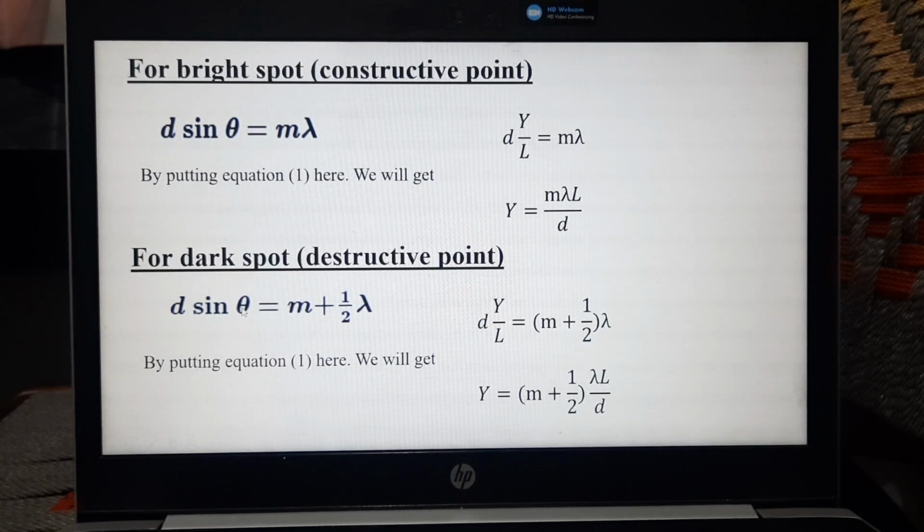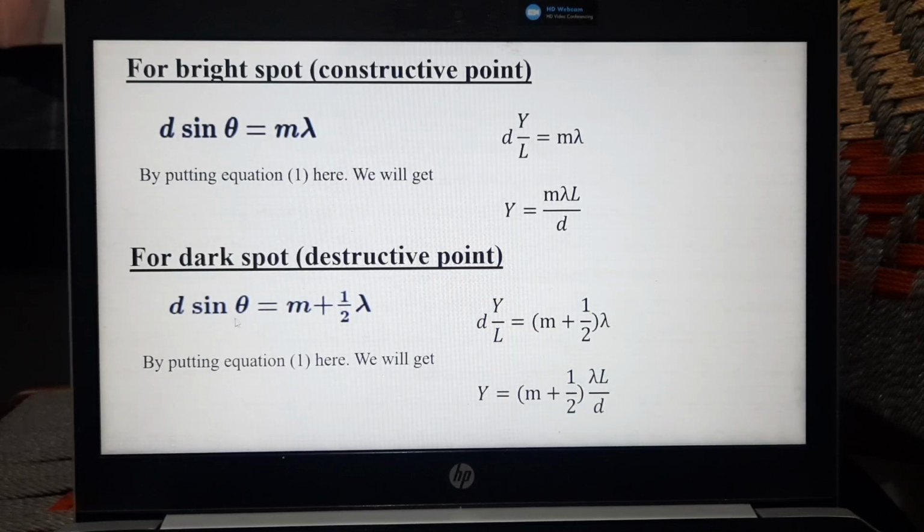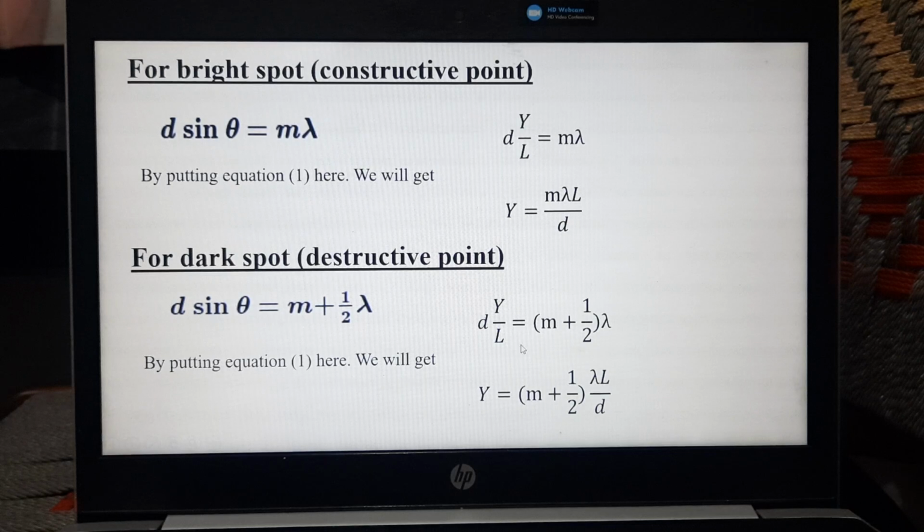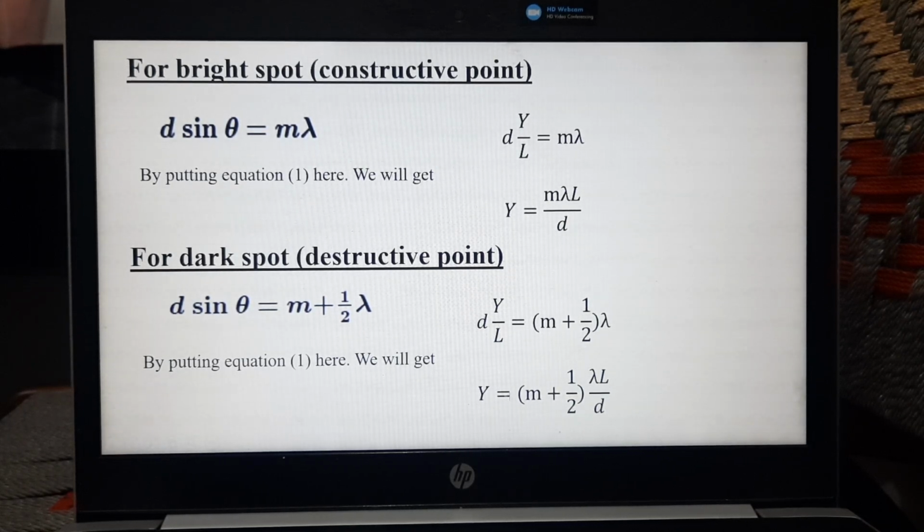Similarly, if the point P is considered as dark, then the condition will be modified as d sine theta equal to m plus half lambda. So if I put equation 1 here, the value of sine theta as y by L, the condition will be modified as dy by L equal to m plus half lambda, and y comes out to be m plus half lambda L divided by D.